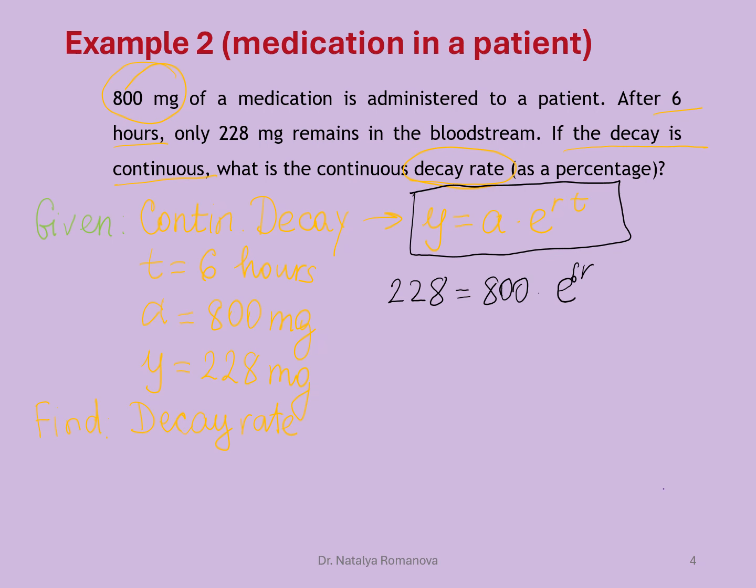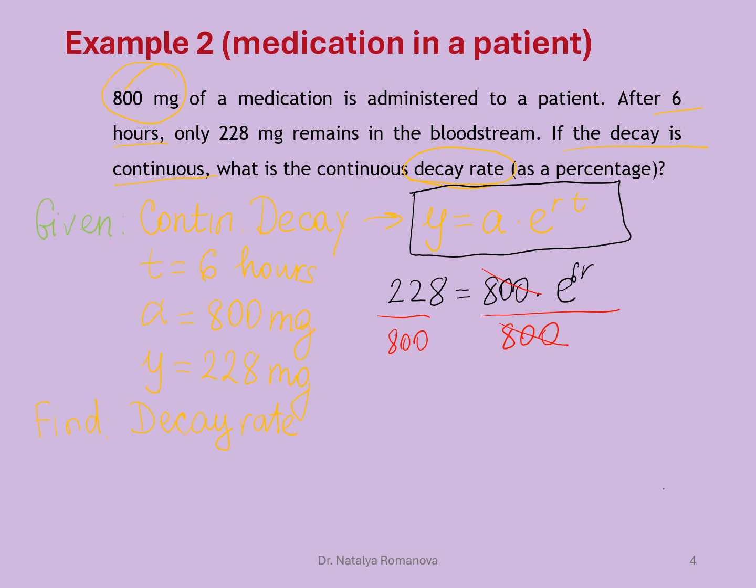We remember we need to isolate r because we need to find the rate. So we will divide both sides of our equation by 800. We can cancel out 800.